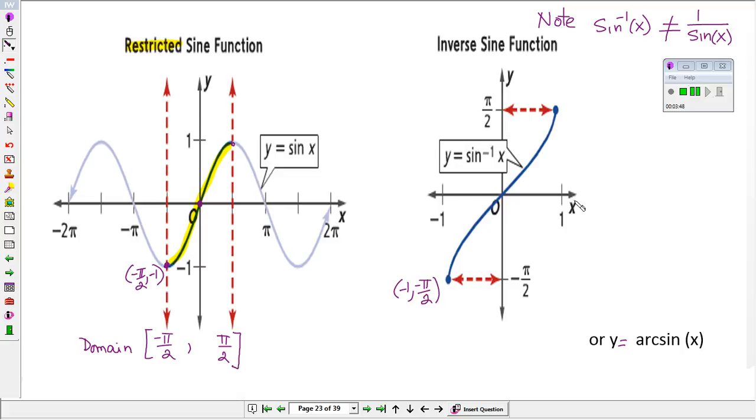You can see right here that the x-axis and the y-axis also interchange. So now the x-axis goes from -1 to 1 because this is the range of our sine function.